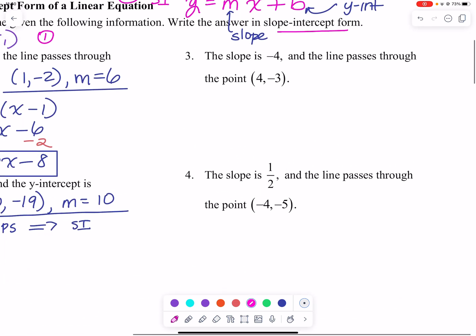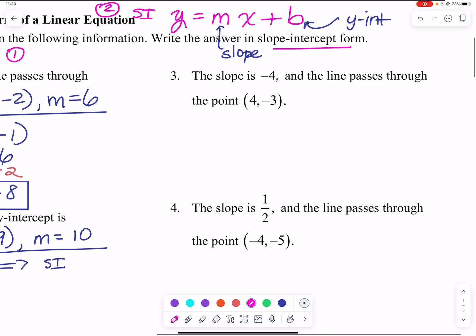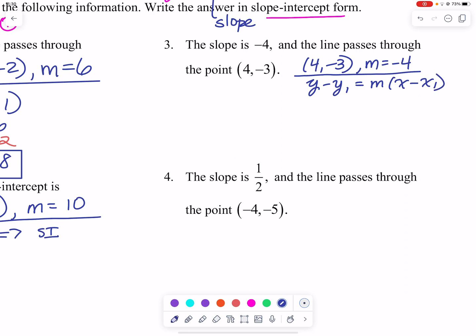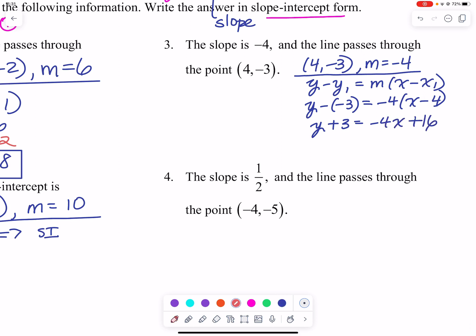Okay, let's look at number 3. Here we have a point (4, -3) and a slope of -4. We will begin with the point-slope form. And we have y minus the y value equals the slope times x minus the x value. We'll distribute that -4, and then we will add 3 to both sides.